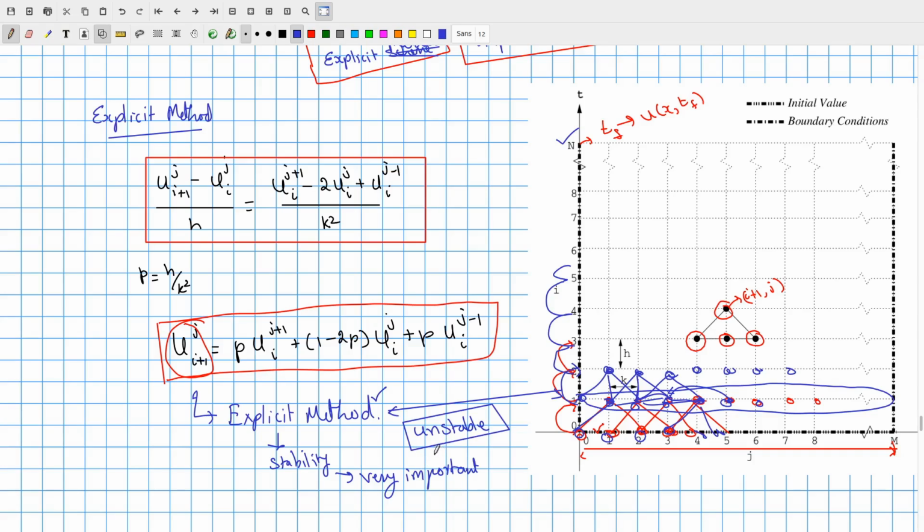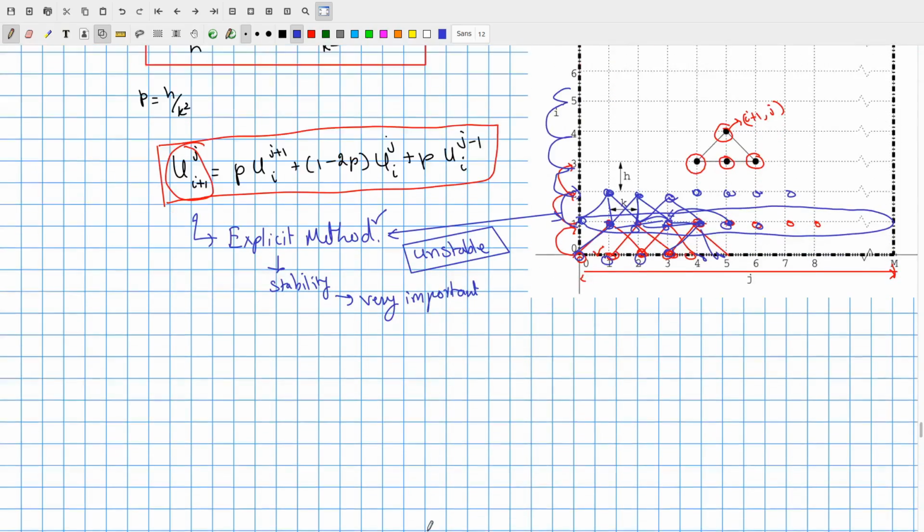To get completeness, you should also study how we are going to confirm the stability of this procedure, what you are implementing.